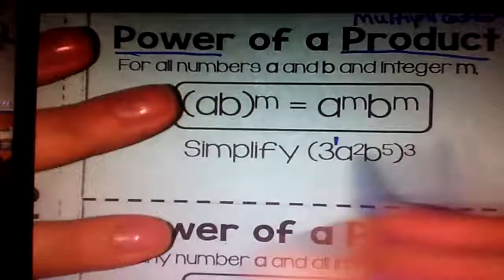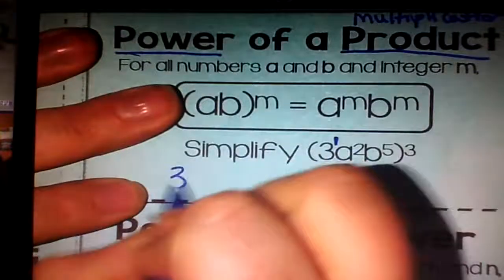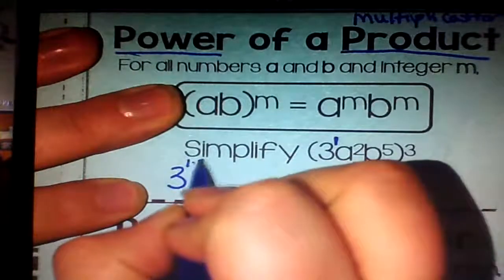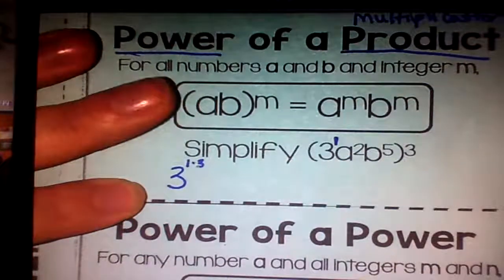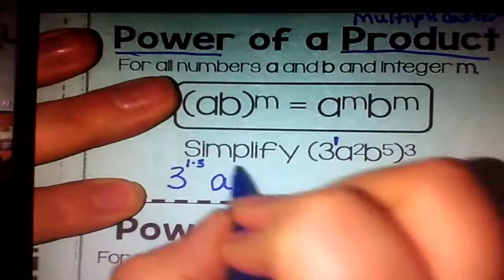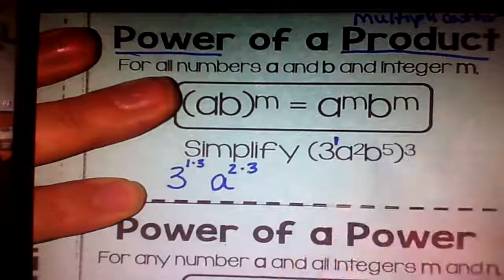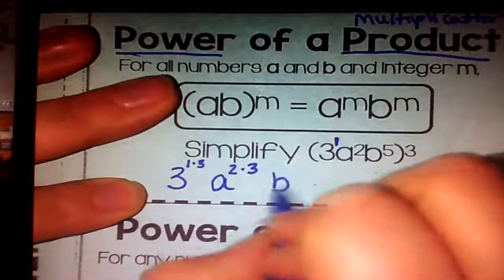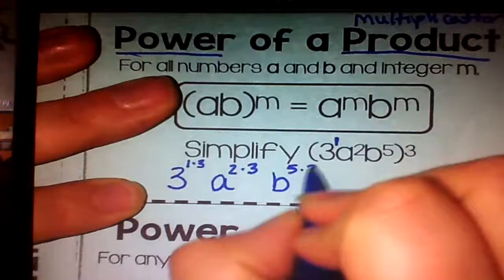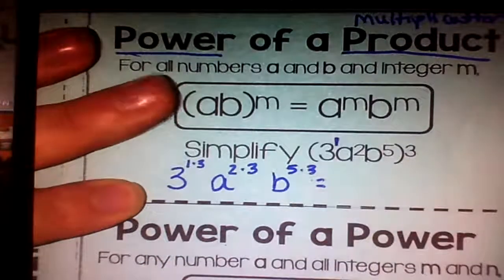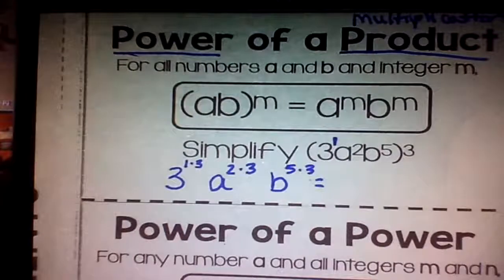So when I do this, this is 3 to the 1 times 3, because I multiply my exponents. A to the 2 times 3, because I had a 2 and I bring the 3 over, and B to the 5 times 3. Okay, so all I'm doing is taking that power on the outside and multiplying it by every exponent on the inside.